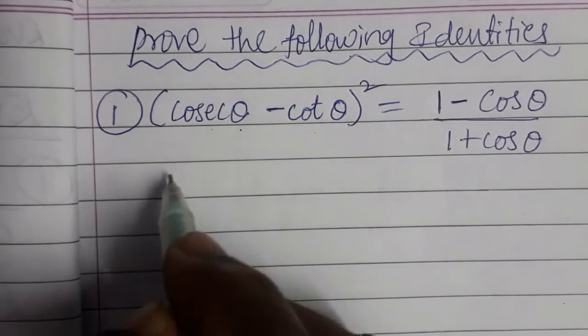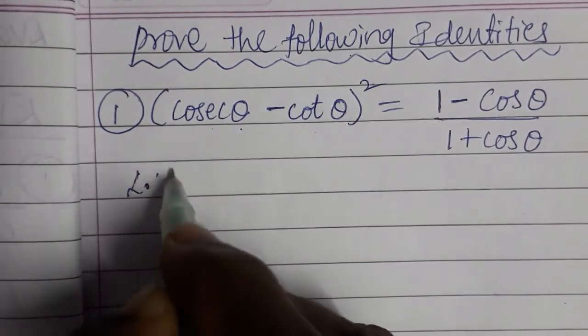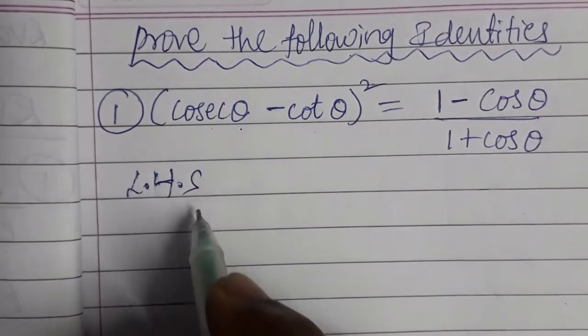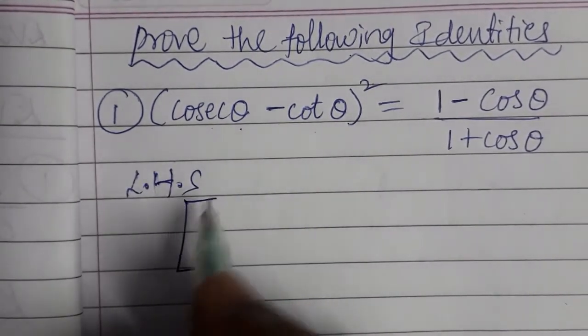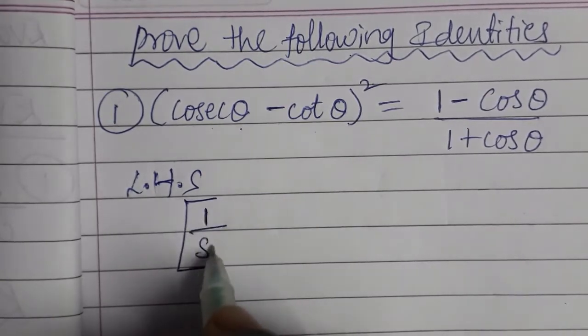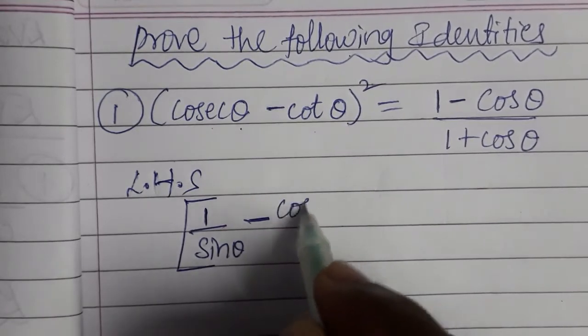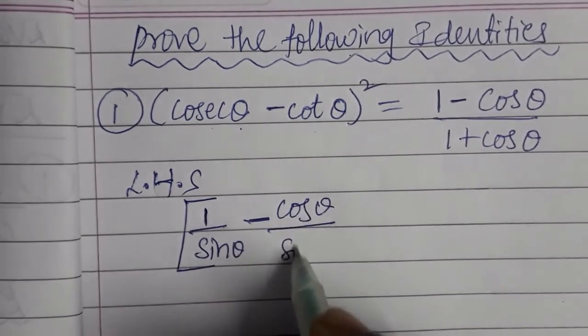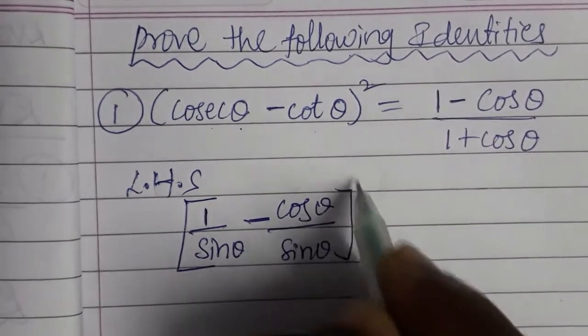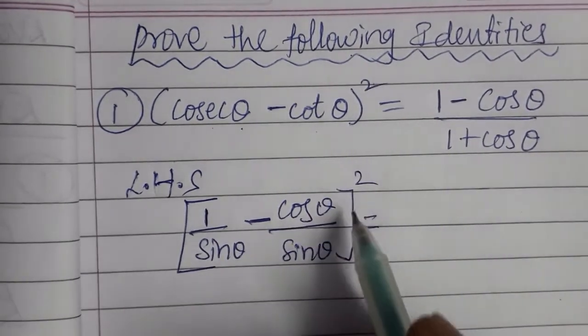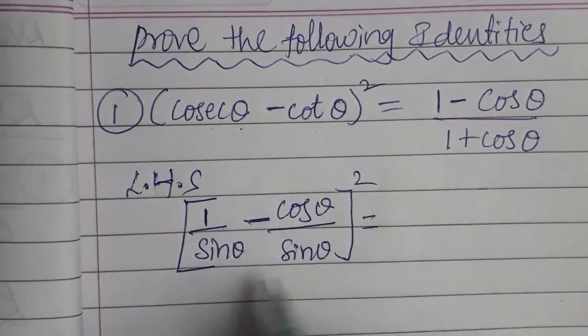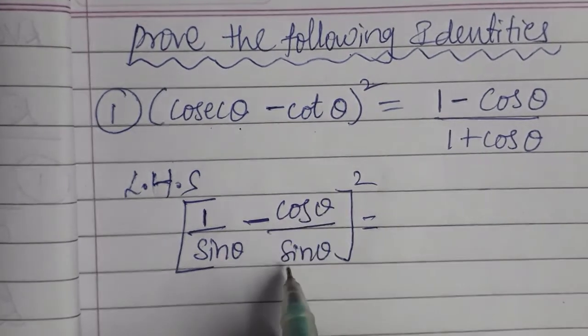So first it is LHS. Cosec I will write as 1 by sin theta minus cot, which can be written as cos theta by sin theta, the whole square. Now this square can be given for numerator and denominator.